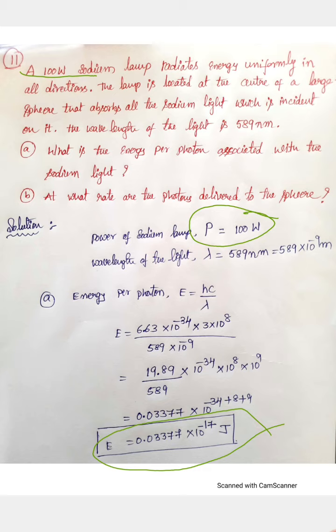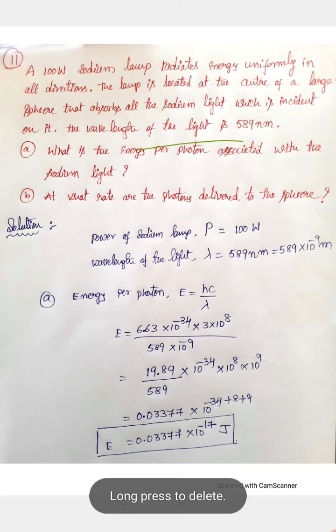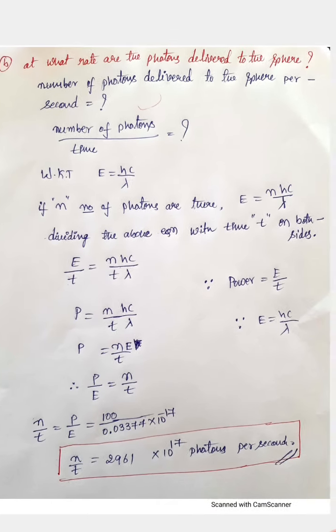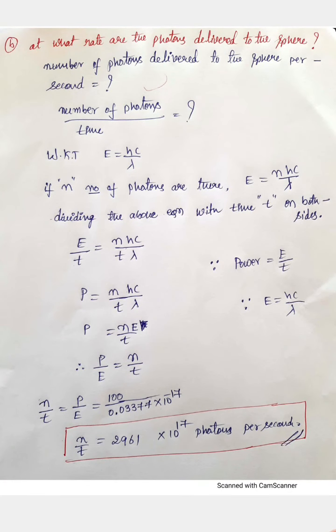Now substitute these two values in the given formula, that is n by t is equal to P by E. Now power value is 100, that is a given value, and energy we have calculated.